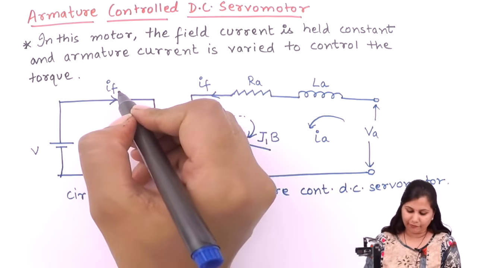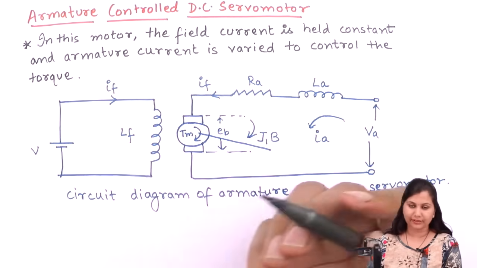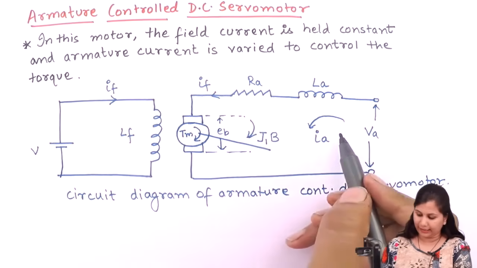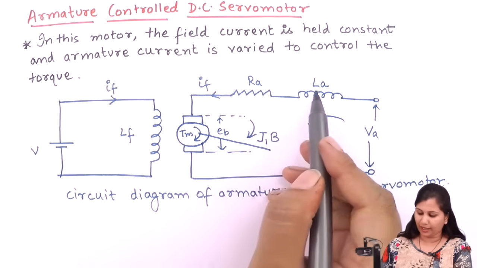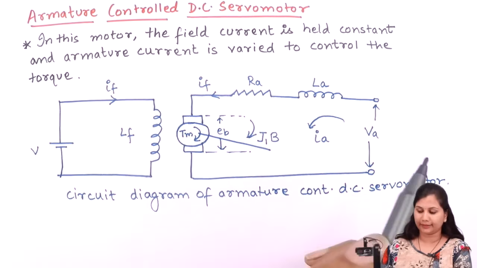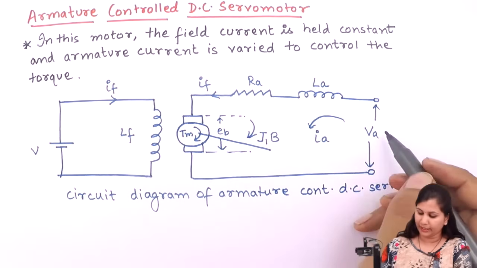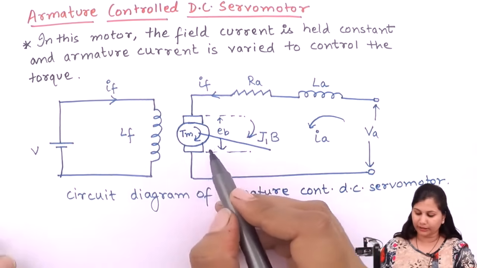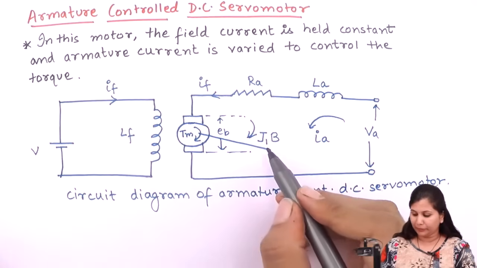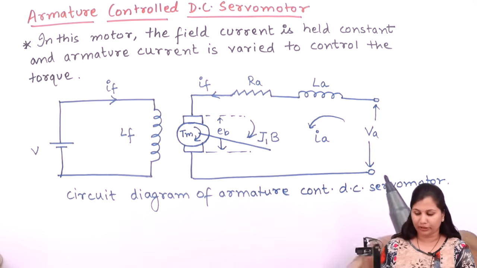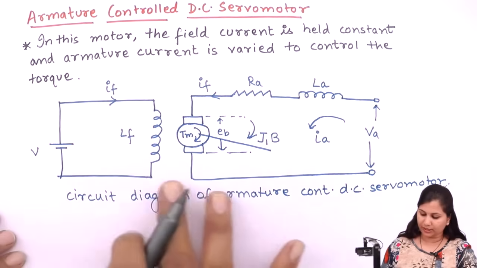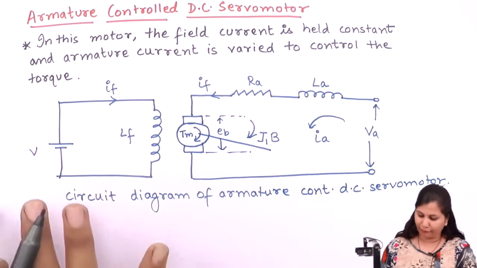IF is the field current, LF is the field inductance, and IA is the armature current. RA and LA are the resistance and the inductance of the armature side. VA is the armature voltage, TM is the torque, EB is the back EMF, J is the moment of inertia, and B is the damper. So this is the circuit diagram. Let's define all these variables.